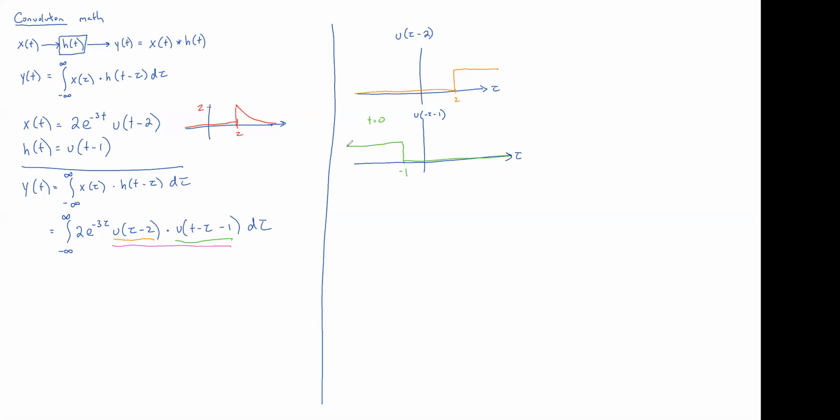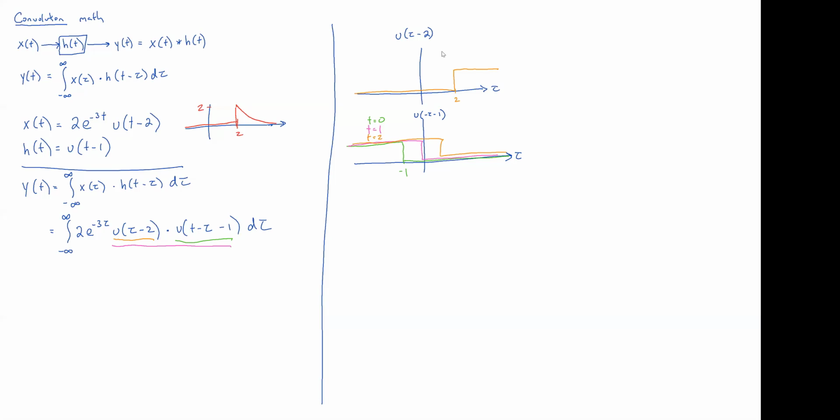And although it does look like this, I think we could see that if we graphed it for a different number, let's say we graphed it for t equals 1, it would instead be shifted to the right by 1. And if we graphed it for t equals 2, it would be shifted to the right by 2.